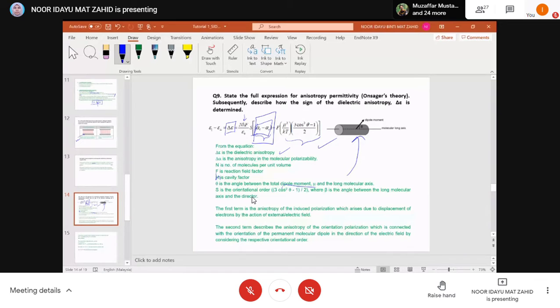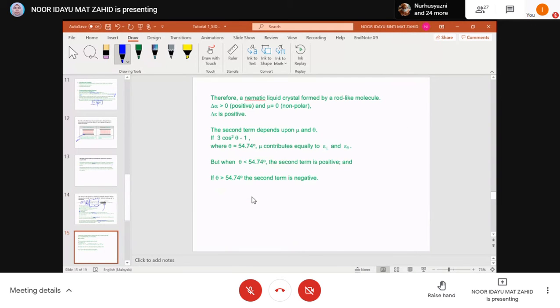Whereas the second term describes the anisotropy of the orientation polarization, which is connected with the orientation of the permanent molecular dipole in the direction of the electric field, considering the respective orientational order. So it depends on theta, the angle, for the second term.